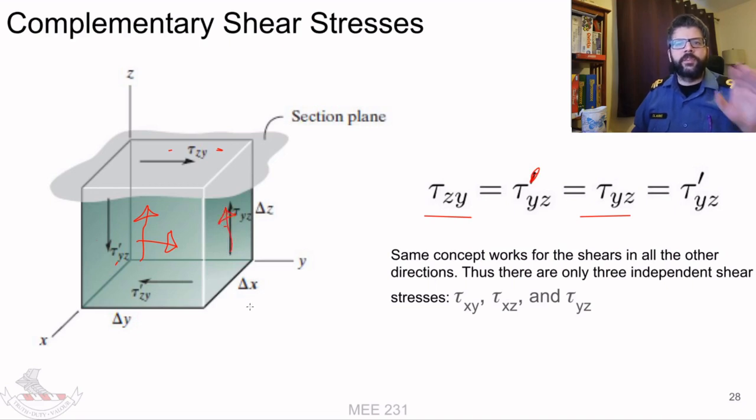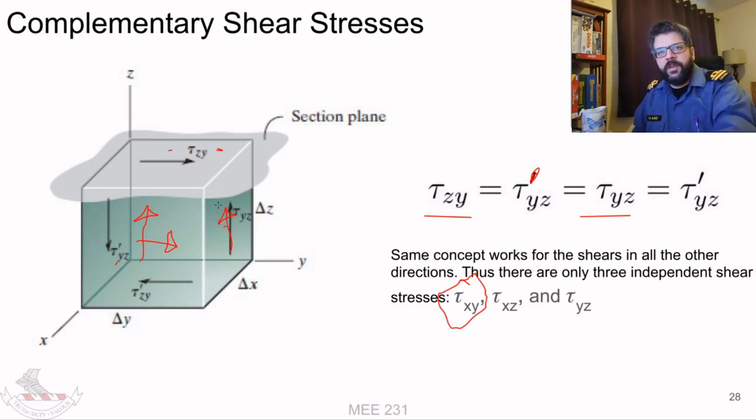Those are the only 3 independent shear stresses that can occur, because if we have a tau xy, that's this one here, that's going to cause a tau yx, equal and opposite.